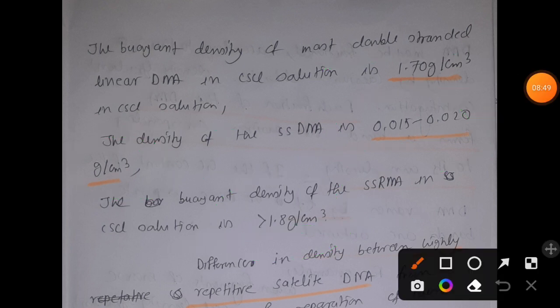So in the test tube, if we run a sample containing linear double stranded DNA, single stranded RNA and single stranded DNA, then according to this data we will get single stranded RNA at the bottom, then linear double stranded DNA in the middle, and then single stranded DNA.